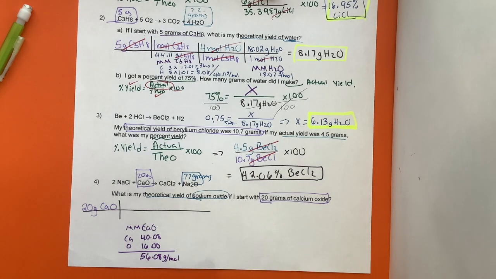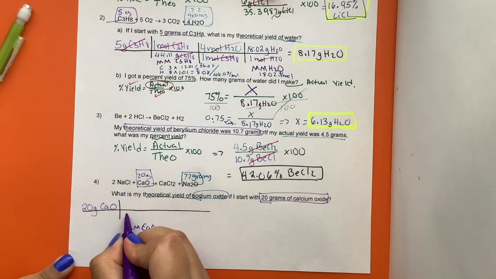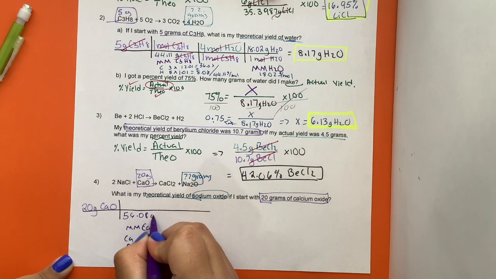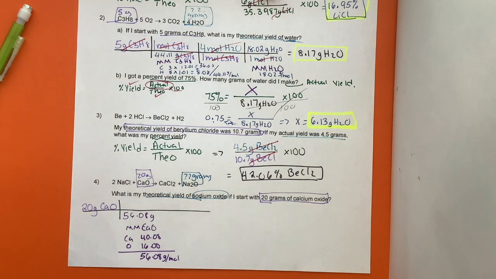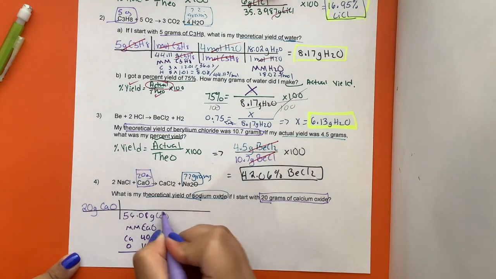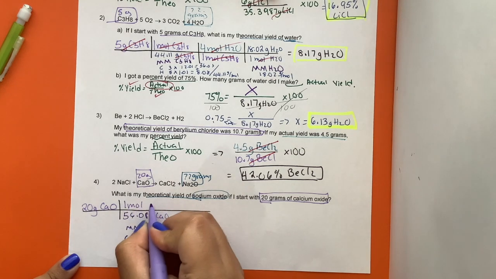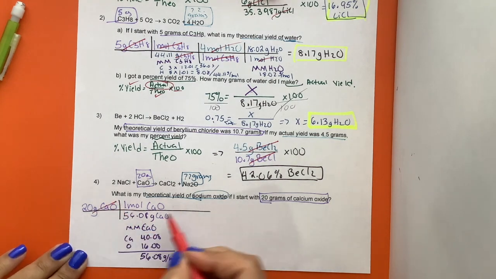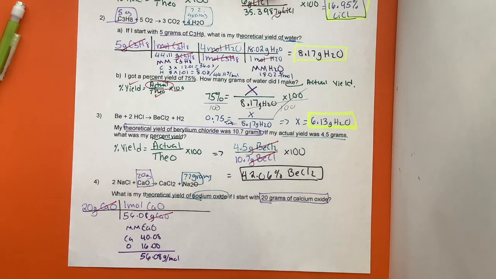Okay, so now that number, I'm going to put it in the bottom because since I have grams here in the top, in the bottom, I want grams. Grams of CaO for every 1 mole of calcium oxide. Like this, the grams cancel each other out. Now I'm left in moles.